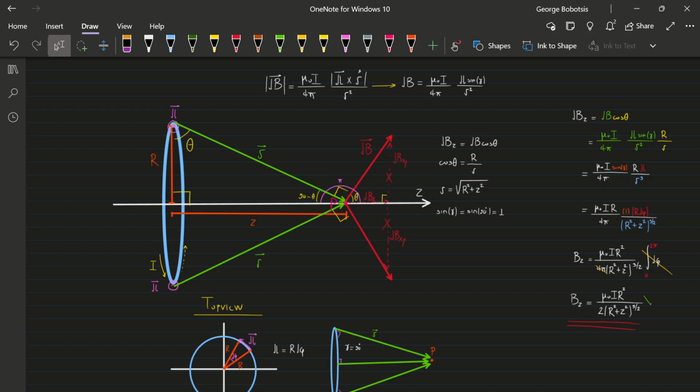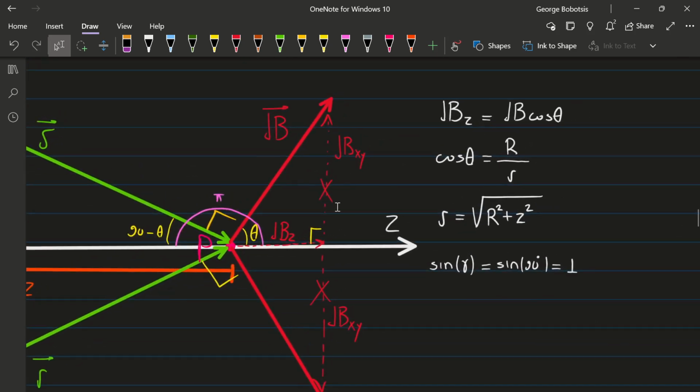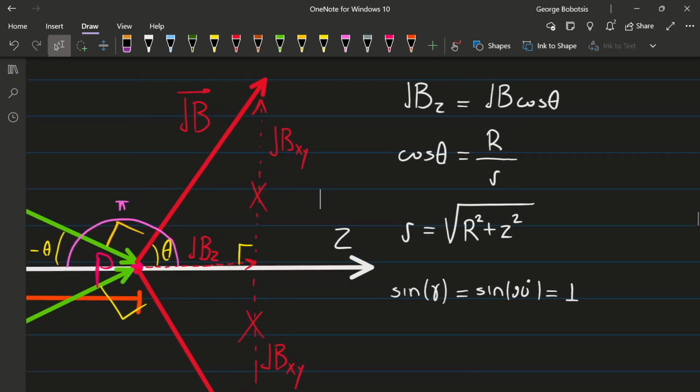The one part that kind of confused me was how you got dBz equals dB cos theta. Yes. So you see over here, if you break down dB into a component, the easiest way to describe this xy component is if I told you that it extends in the cylindrical r direction.